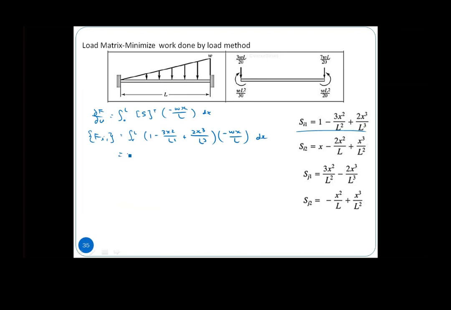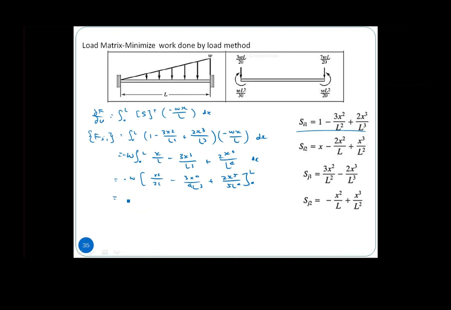So we will have negative W, the integral from 0 to L of x over L minus 3x cubed over L cubed plus 2x to the power of 4 over L to the power of 4, dx. So we have negative x squared over 2L minus 3x to the power of 4 over 4L cubed plus 2x to the power of 5 over 5L to the power of 4, from 0 to L.